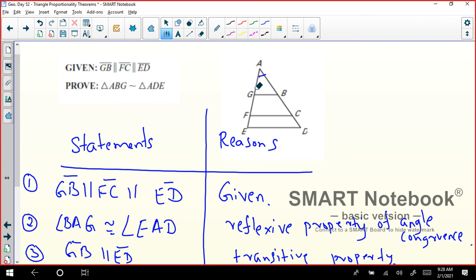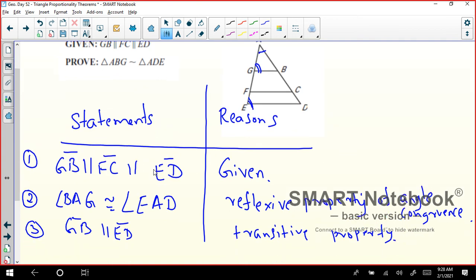And I can say that these two angles are also congruent. These two form the corresponding angles, right? Angle AGB is congruent to angle AED, by the corresponding angle pair postulate.